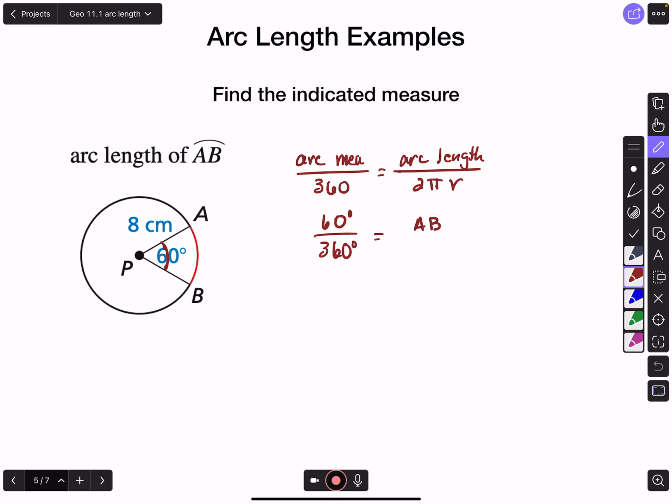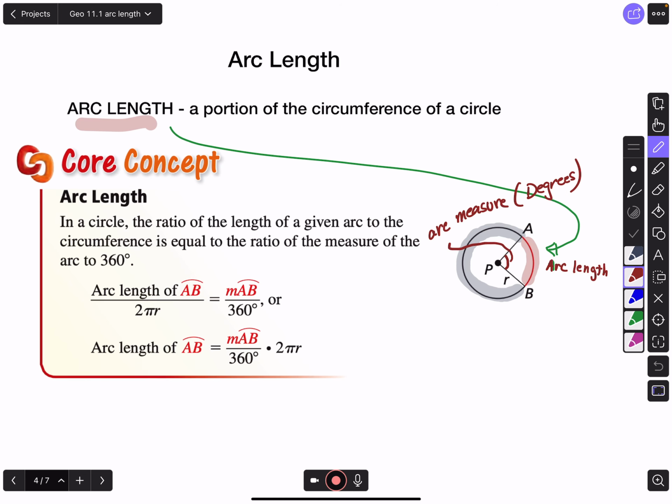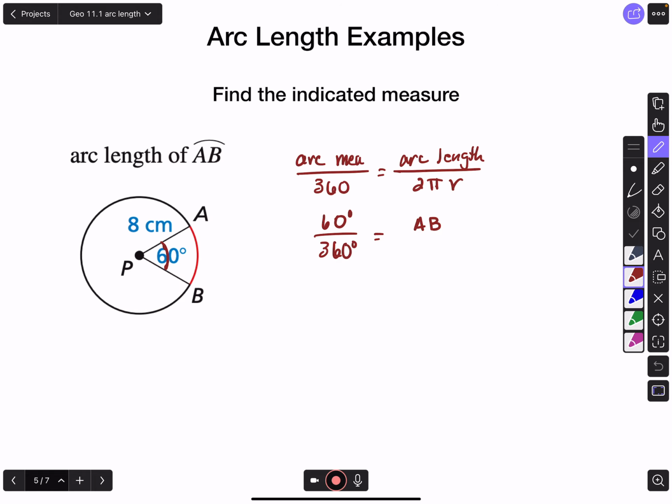See here, that's AB. I gotta make sure I get my notation right. And there's the arc length. Boy, I wish they had a nicer notation for that. And that's what we're looking for, all over 2 times pi times our radius, and our radius is just 8. So there's our setup for it.